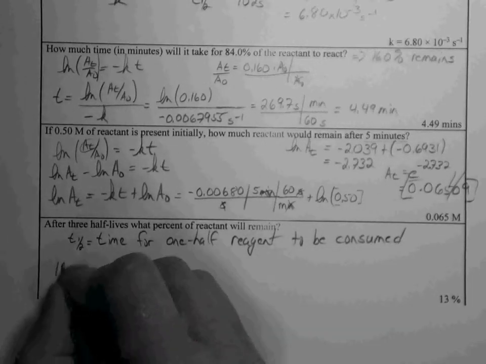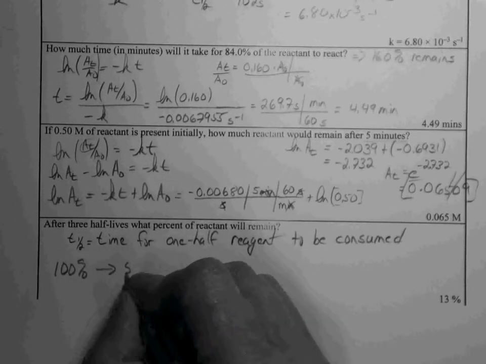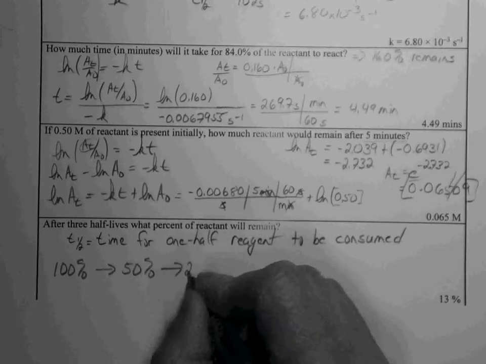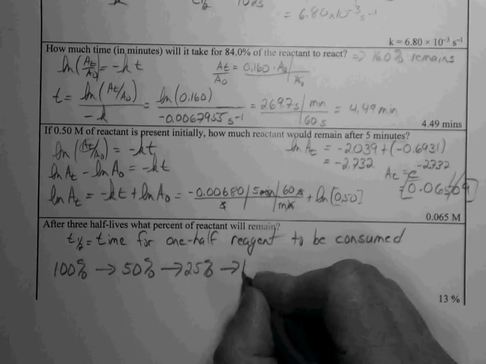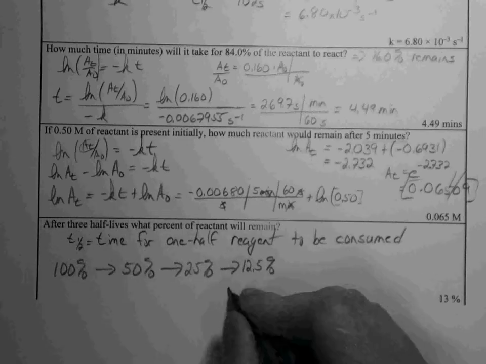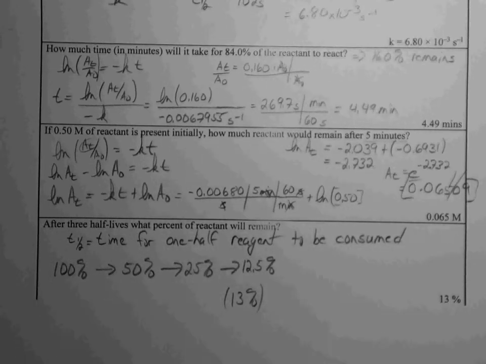So at the start, we have 100% of our reagent. After 1 half-life, it goes down to 50%. The second half-life, we're down to 25%. 3 half-lives, 12.5%, which rounded off to 2 sig figs is going to be 13%, our answer.